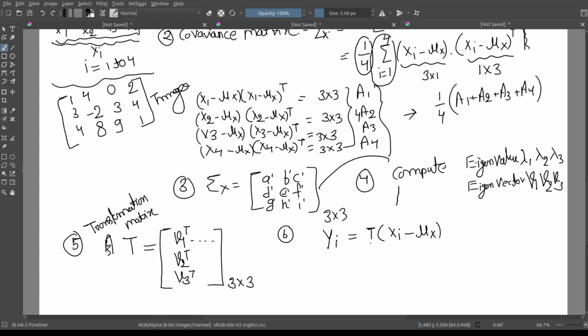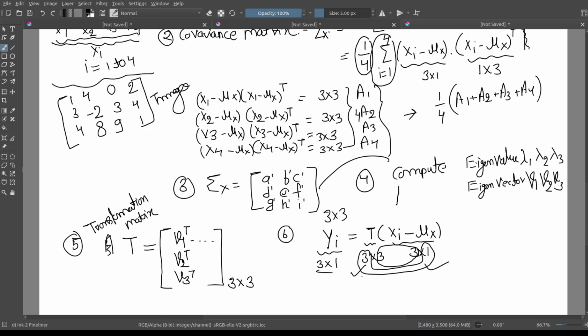Let's verify: what is the dimension of T? 3 cross 3. The dimension of xi is 3 cross 1, and mu x is also 3 cross 1, so what you get is 3 cross 1. So the dimension of yi is 3 cross 1. The inner dimensions should be the same for multiplication, and the output dimension is given by the outer values. Always remember these two exterior values.